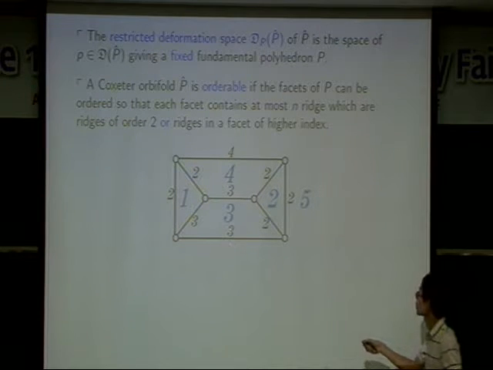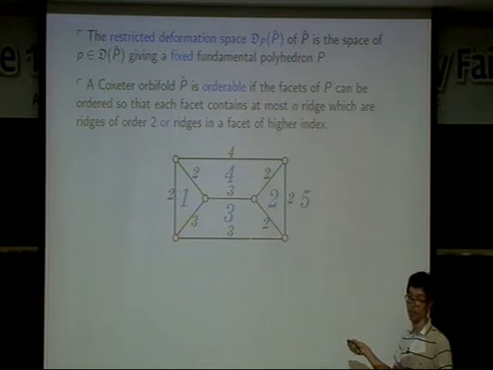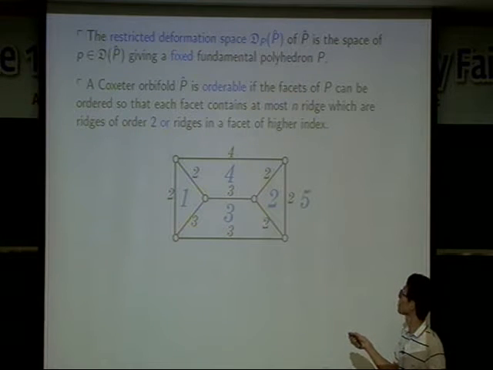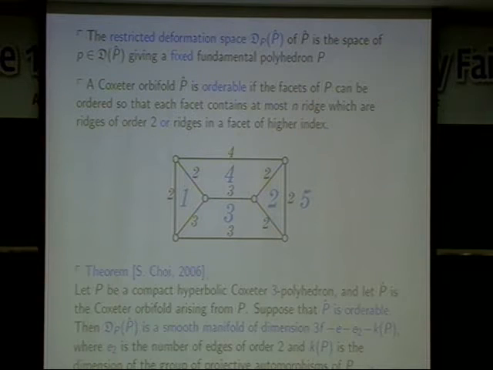Here, order 3 means that the dihedral angle is pi over 3, and order 2 means pi over 2, something like that. Okay. So we proved that P is a compact hyperbolic Coxeter 3-polyhedron, and P hat is the Coxeter orbifold arising from P.